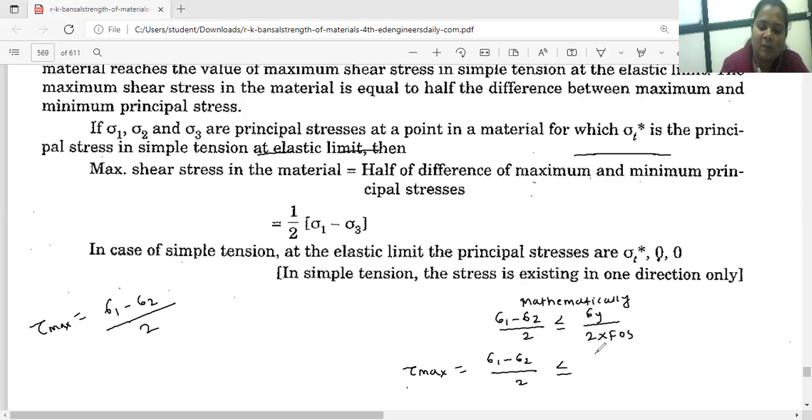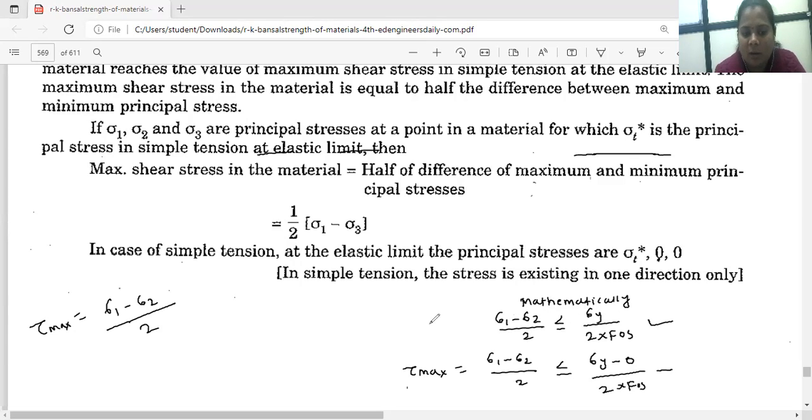In yield stress, the maximum stress is sigma y and the minimum stress is 0, divided by 2 into factor of safety. So according to this equation, this formula comes. When maximum shear stress reaches the yield stress, failure will occur. So this is the formula.